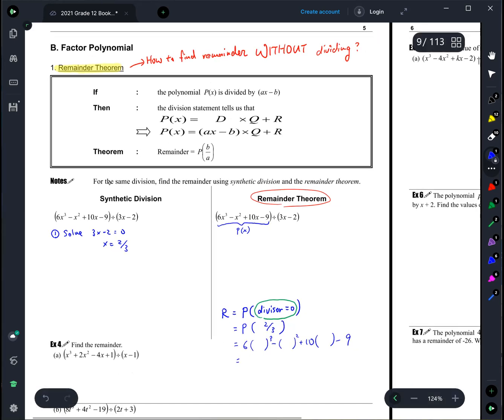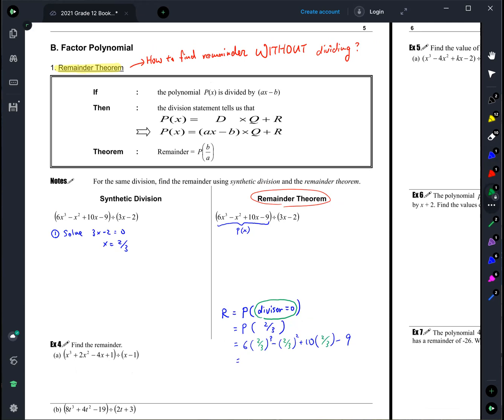Plug in 2/3 into each of the blanks here. When you reach a number, please raise your hand. If anyone is lost, doesn't know what we are doing right now, let me know, then I'll help you catch up.